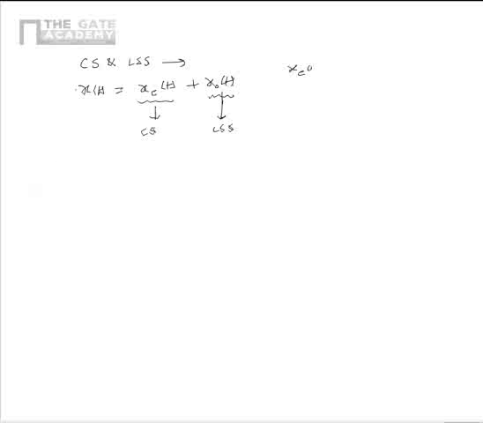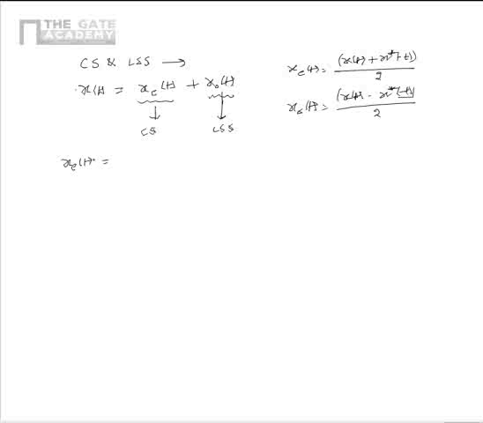Here xe of t can be written as x of t plus x star of minus t divided by 2, and xo of t is equal to x of t minus x star of minus t divided by 2. It can also be shown that the conjugate symmetric part of the signal, xe of t, is conjugate symmetric.